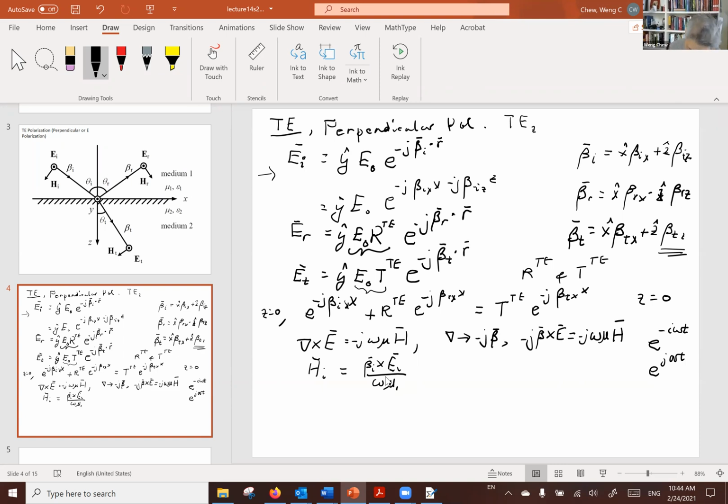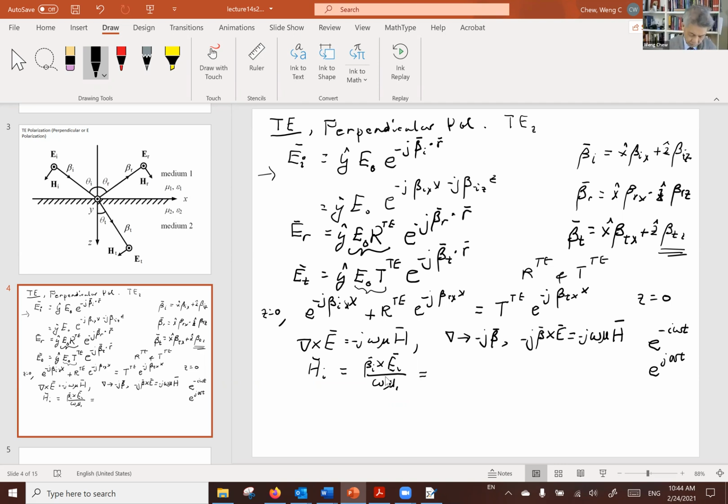Okay. And you can go through the details, which I don't feel like doing. I can do it if you want me to. I can actually go through the detail of doing this vector algebra. Okay, let me just work out the detail of this.